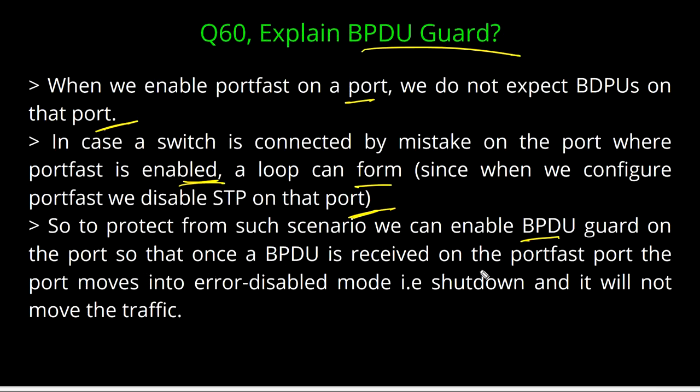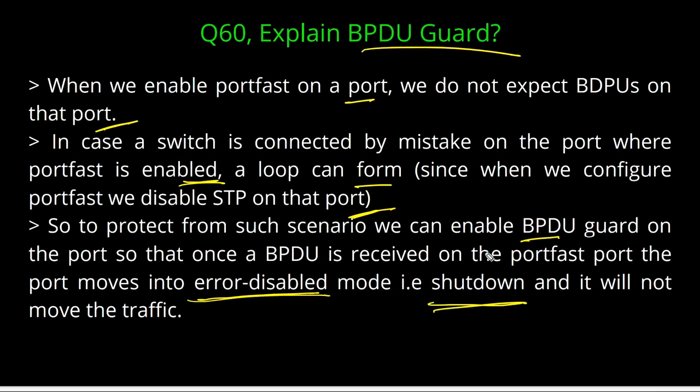So once a switch receives a BPDU on a port fast port, the port will move into error disable mode. Error disable mode is similar to shutdown, so that port will shut down.